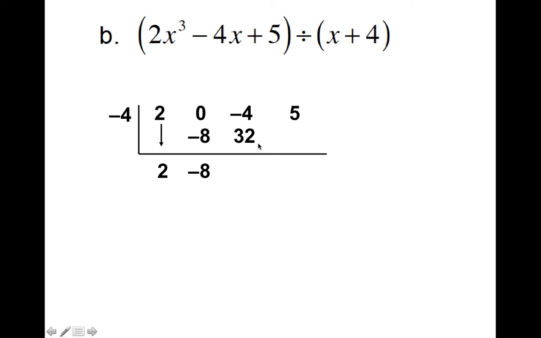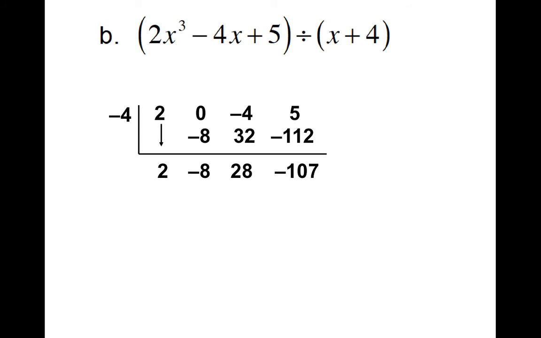Negative 4 plus 32 is 28. Then we multiply negative 4 times 28 and get negative 112. 5 plus a negative 112 is a negative 107.